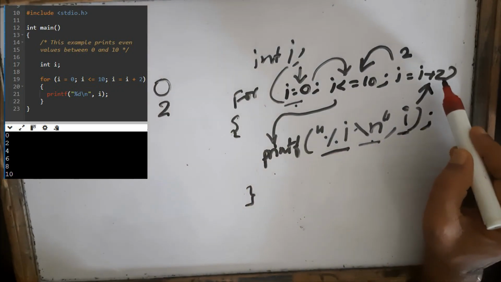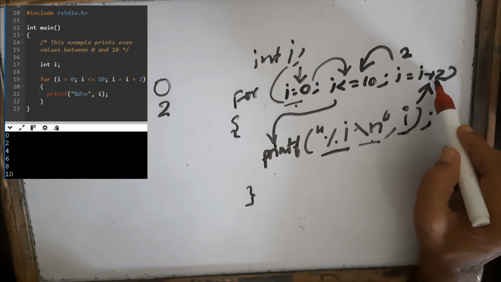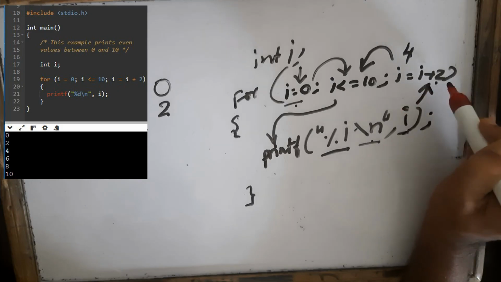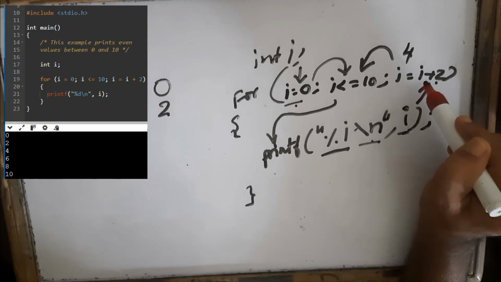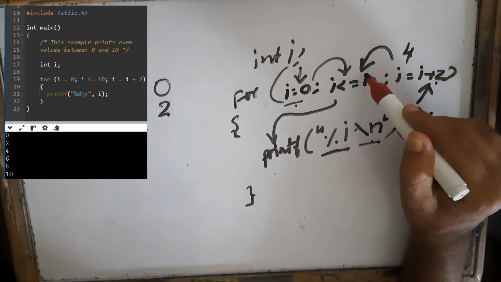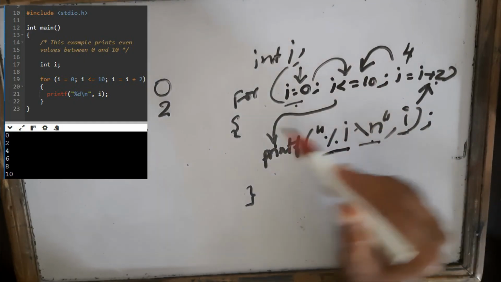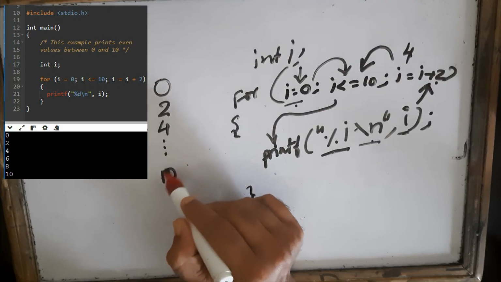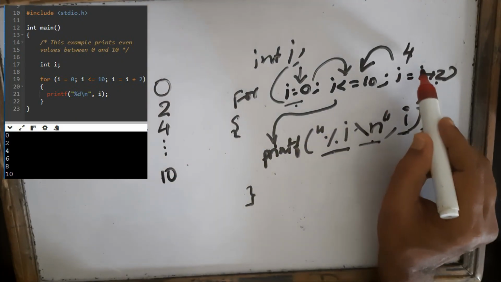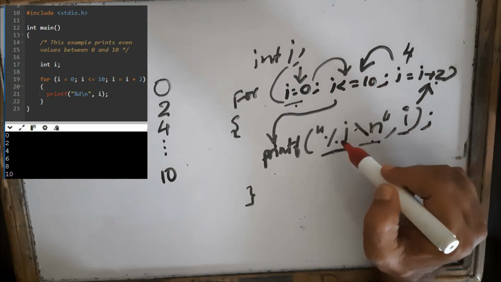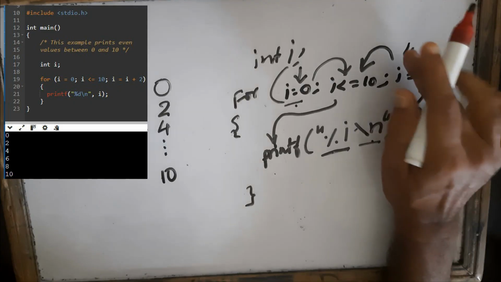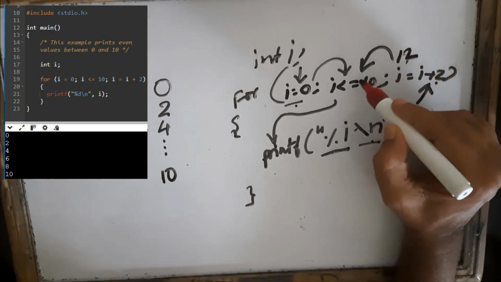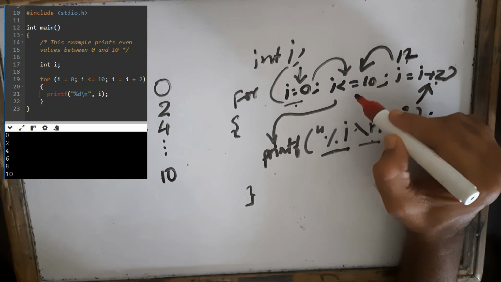Then it goes back to the increment statement, and i becomes 4. i equal to i plus 2: i is previously 2, 2 plus 2 is 4. So 4 is less than or equal to 10, yes, it prints 4. Like that, it will go and print up to 10. When i becomes 10, it prints, then goes back and increments i to 12. It checks the condition, and no, it fails.